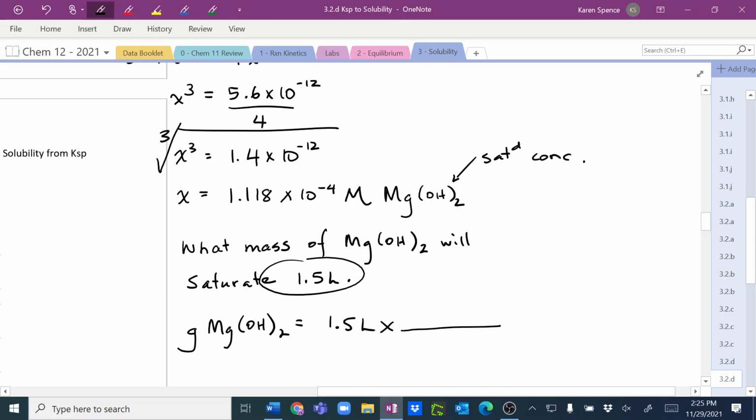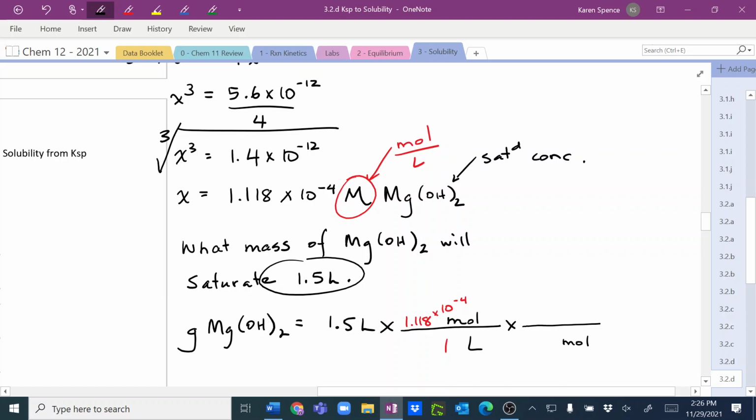We need to convert liters into moles. And the reason we're going to moles is that we know the moles per liter, okay? So we know that there's 1.118 times 10 to the negative 4 moles per liter. And we want the mass, so we need to cancel moles and find the mass.